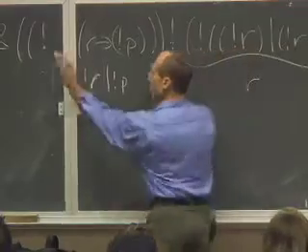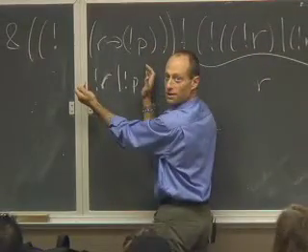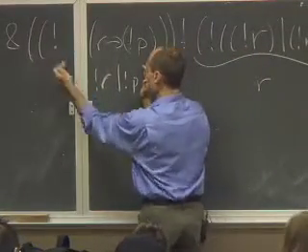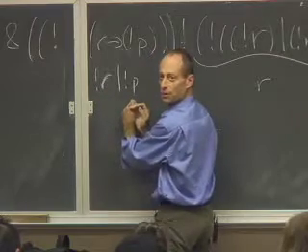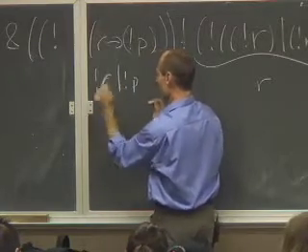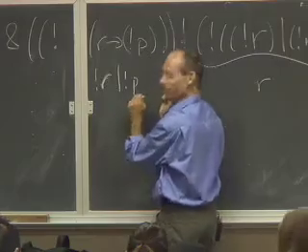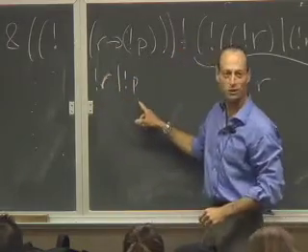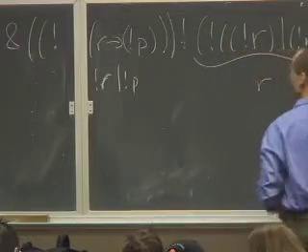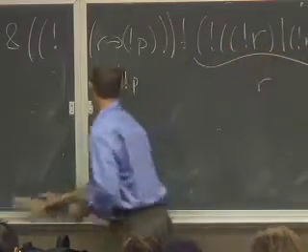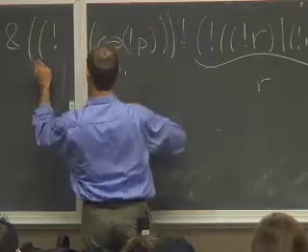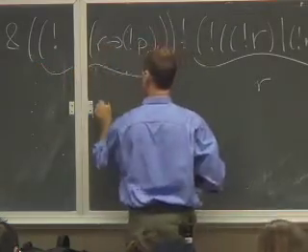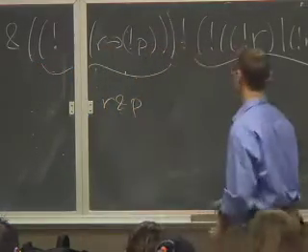So this negation is applying to both of these. We're negating this or this, which is not this and not this. So that evaluates to R and P. So this whole thing here becomes R and P.